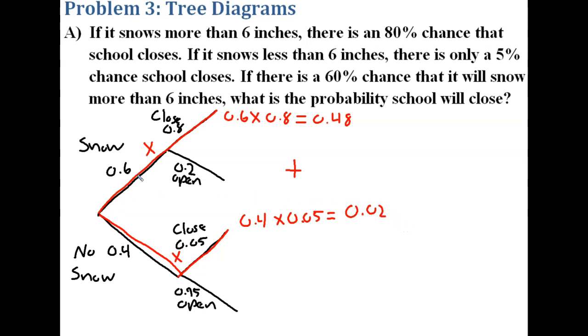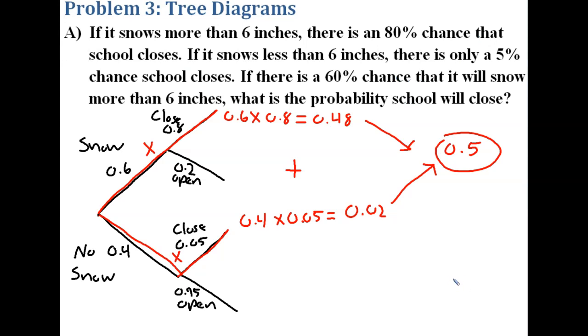So we have the probability that it snows and closes, and that it doesn't snow and closes. We can use either/or, so we'll add these together. I'll combine these 2 probabilities for a final probability of 0.5 that school closes either way, based on these given conditions.